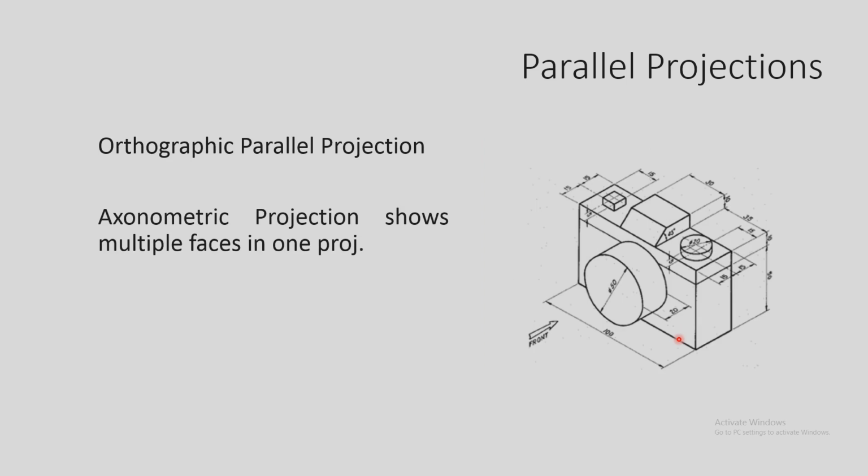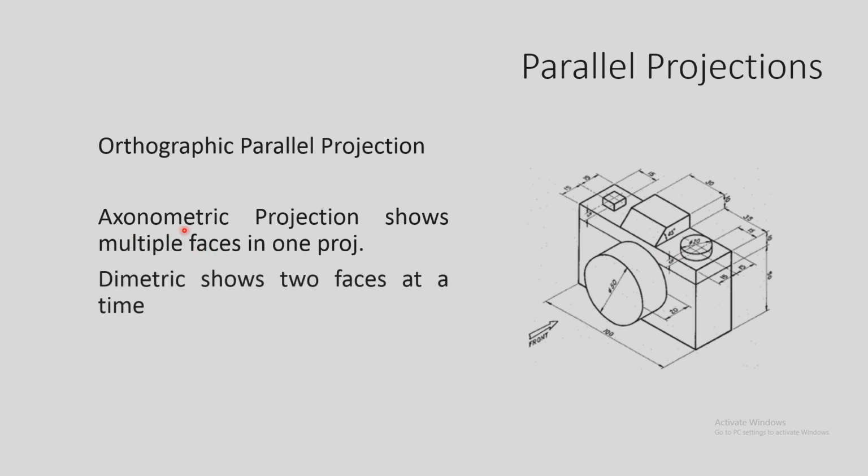Orthographic projections are further categorized as axonometric projection. Axonometric projection is again an orthographic parallel projection, but it has the distinction of showing different faces in just one image. For example, this image shows front, top, and side view in a single projection.